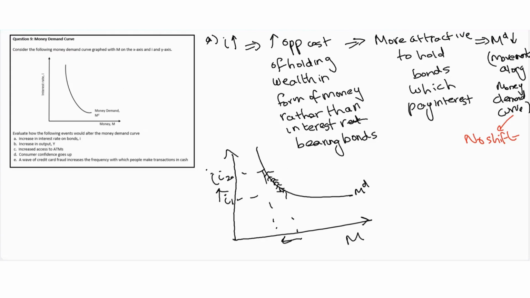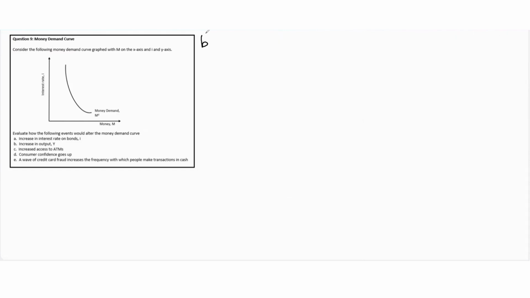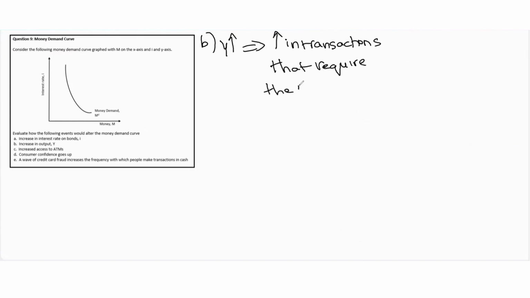Part B asks about an increase in output. Now when output Y increases, this results in an increase in transactions that require the use of money. So as a result, MD increases.